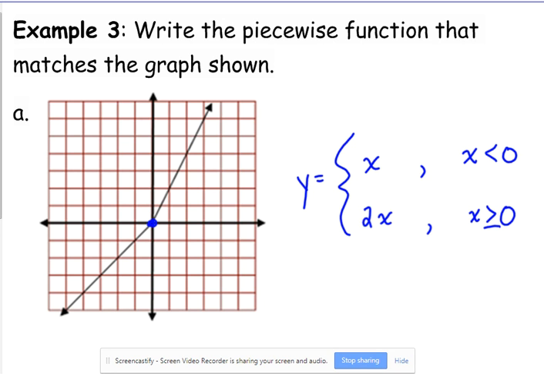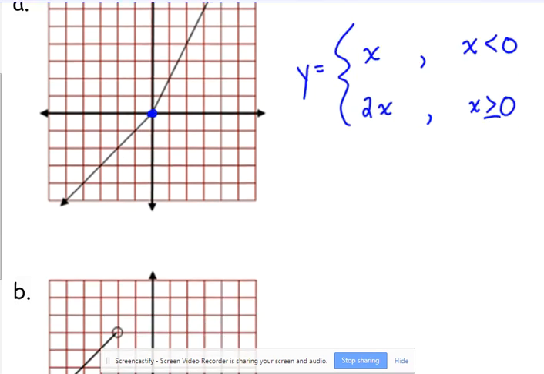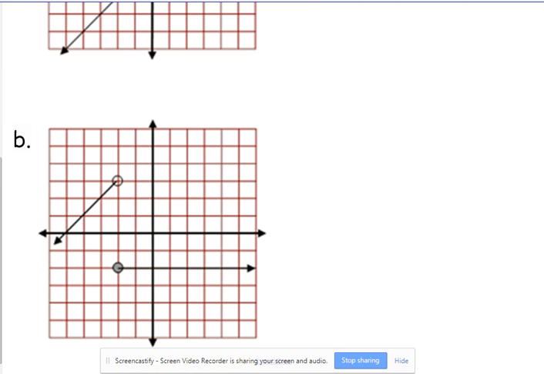Okay, let's look at one that's a little more involved, just a little bit. B. Okay, where does this one change? -2. So go ahead and set that up. y equals, put your brace, x is less than -2, x is greater than -2. Now it does matter on this one which gets the equal to.